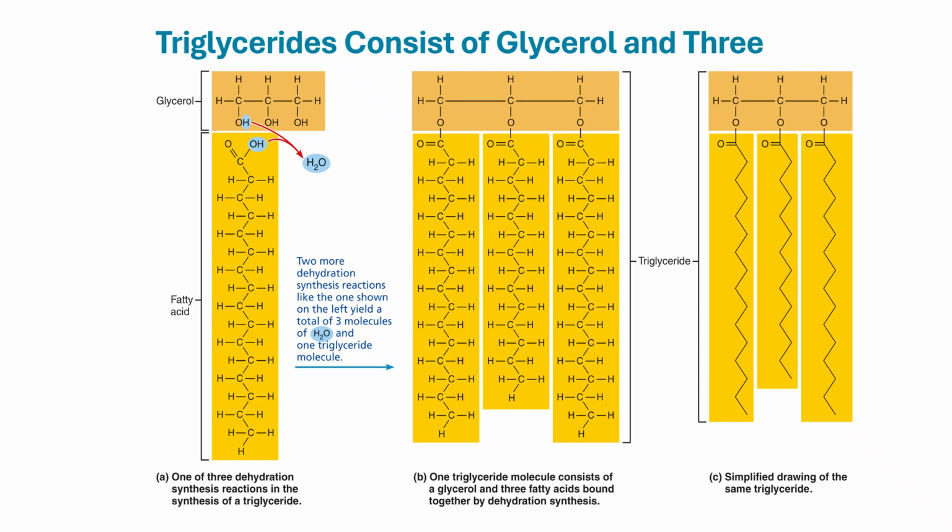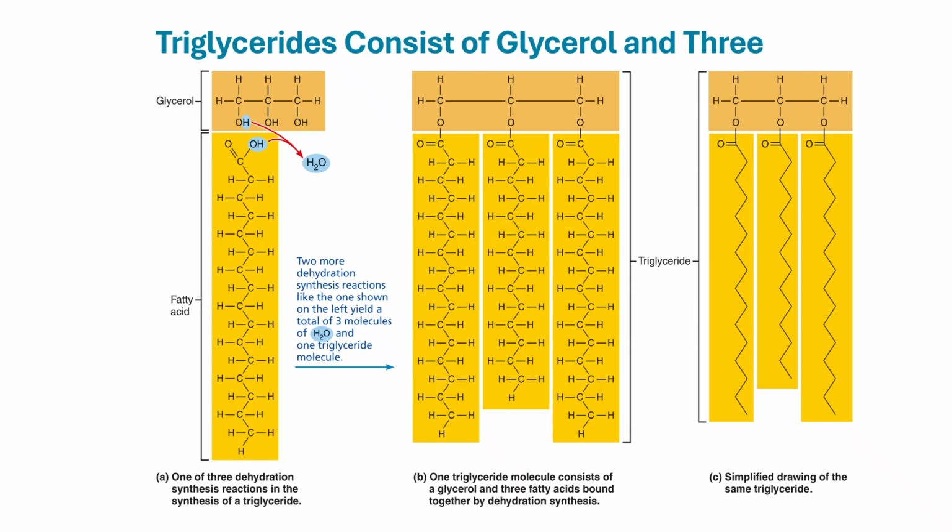Okay, so this is showing how we get the fatty acid. So here we have a fatty acid, which is all these carbon atoms attached to hydrogens. So it just makes a really long fatty acid chain.